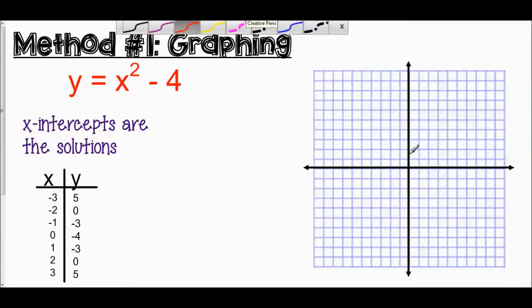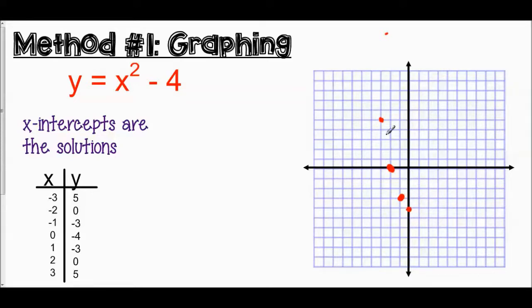So let's go ahead and graph these. Negative 3, positive 5. Say that's 1, 2, 3, 4, 5. Okay. Negative 2, 0. Negative 1, negative 3. 0, negative 4.